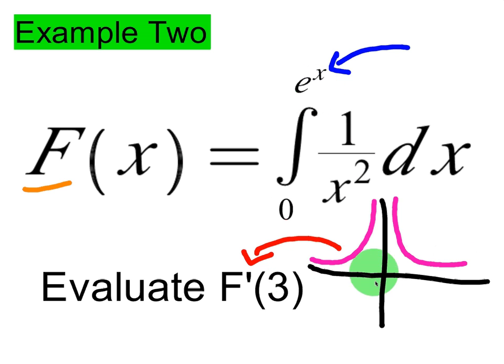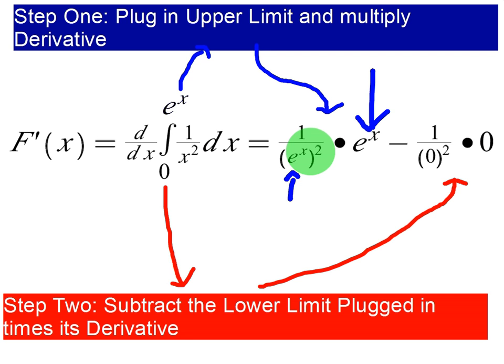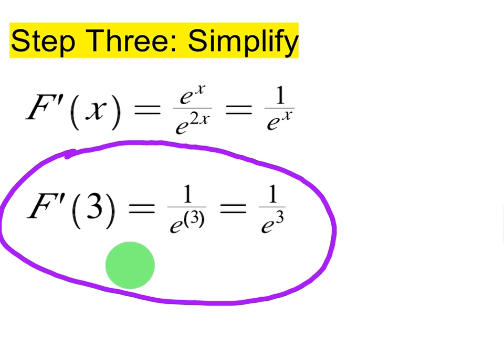So if we were to go from 0 to e cubed, which would be, I don't know, bigger than 10, less than 20, I guess, or maybe around 20. So from 0 to 20, at that particular point in time, what is the rate in which the area under this curve is changing? That's really what this question is asking. And the answer is 1 over e cubed. Okay, it's going to be a very small decimal.